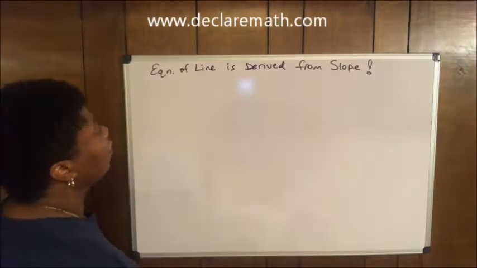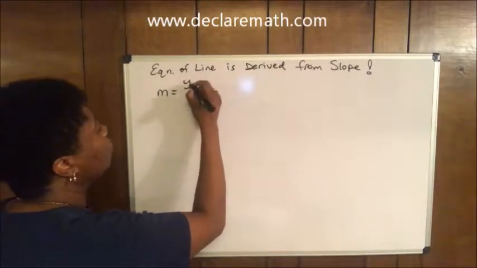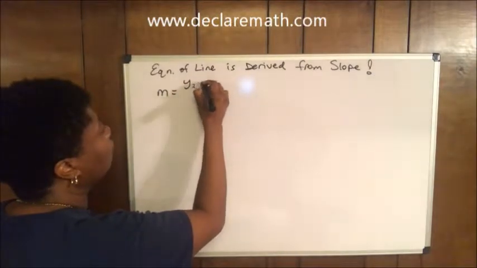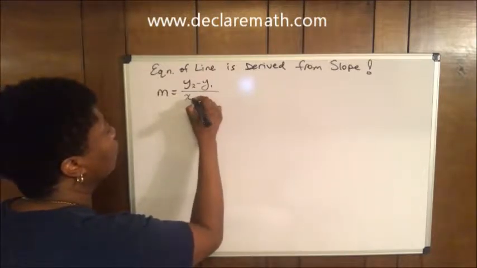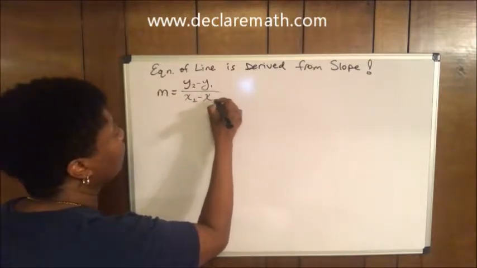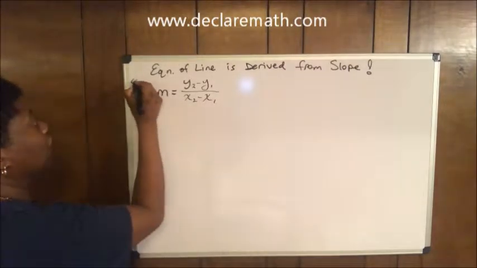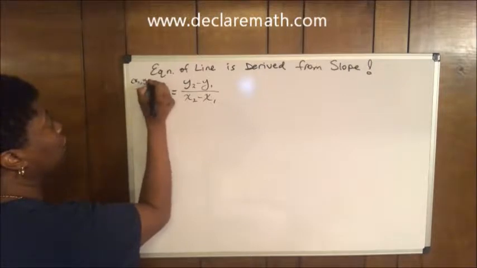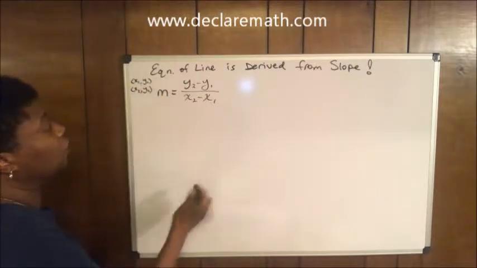So let's go back and recall the equation of a slope. We just need a bare minimum of 2 points. Okay? We have x1, y1, x2, y2.